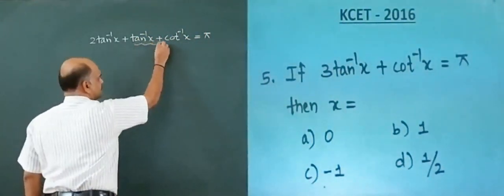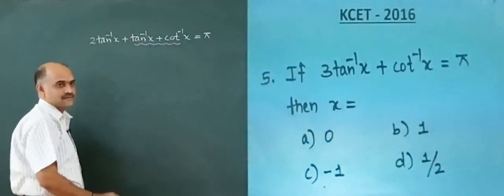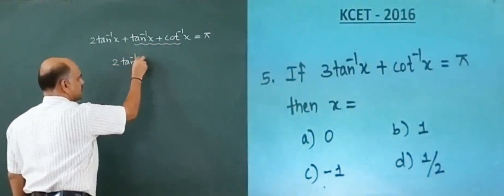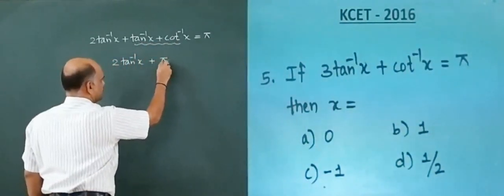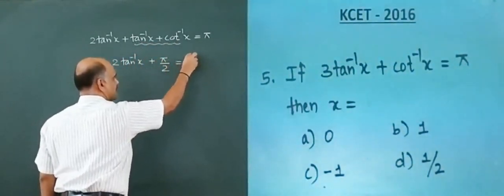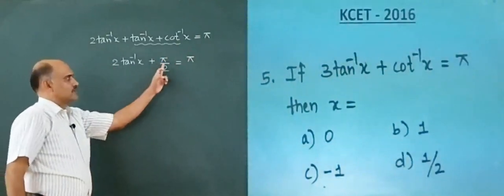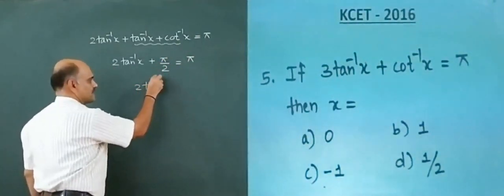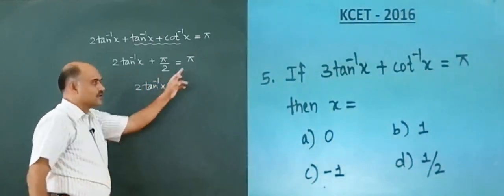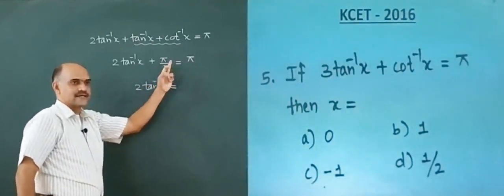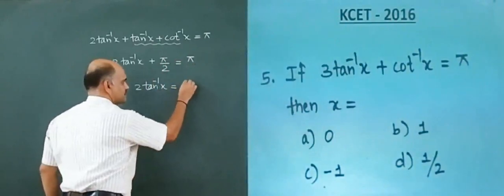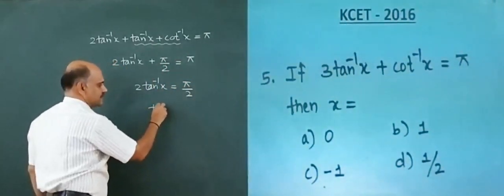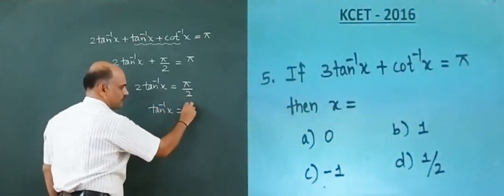Tan inverse x plus cot inverse x is pi by 2. So 2 tan inverse x plus pi by 2 is equal to pi. Now take this to the RHS. You will have 2 tan inverse x is equal to 180 minus 90, which is 90, that means pi by 2.